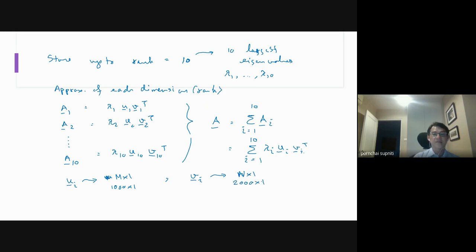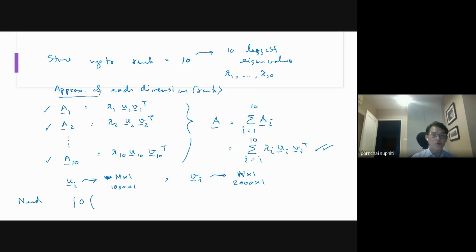So if we approximate this image with only 10 dimensions, or rank equal to 10, we need 10 of these terms, and each term has how many numbers we have to remember?